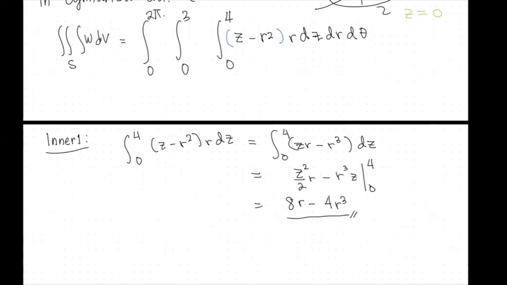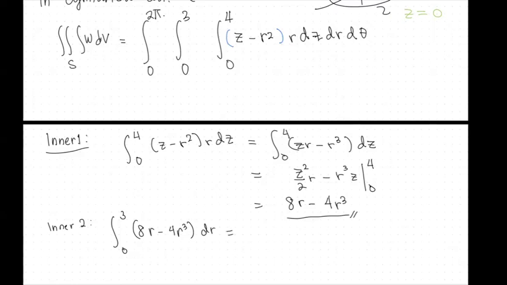So now we will input this answer to the second inner integral, which is 0 to 3 of 8r minus 4 r raised to 3 with respect to r now.